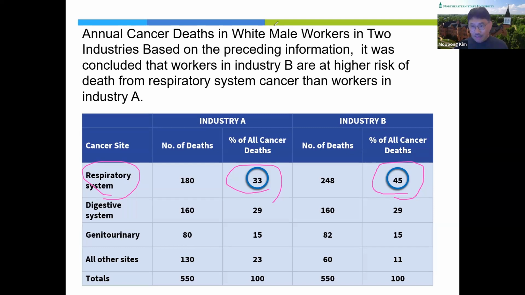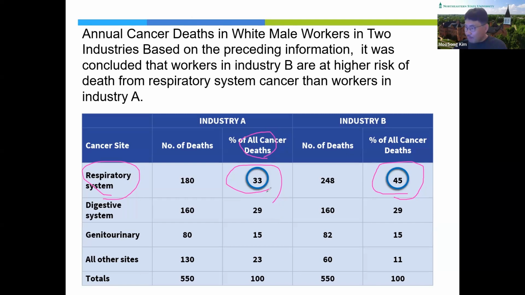In the previous slide, proportionated mortality cannot give us information about how much of a risk there is of dying from a disease, right? So 45% of all cancer deaths and 33% of all cancer deaths.